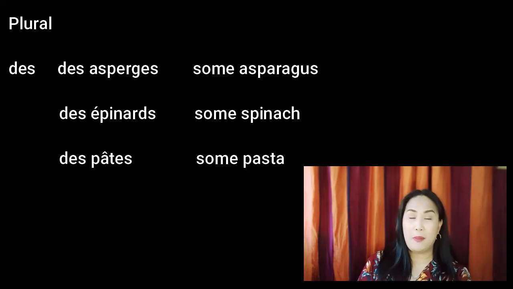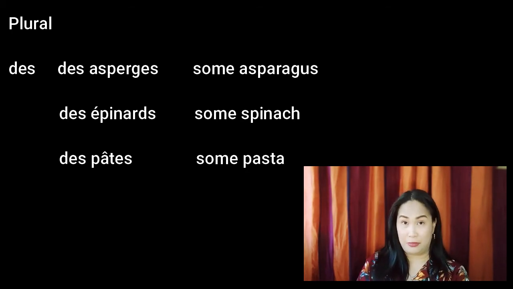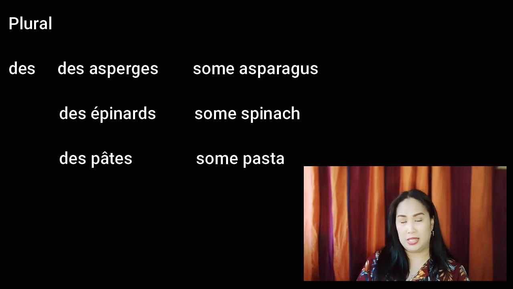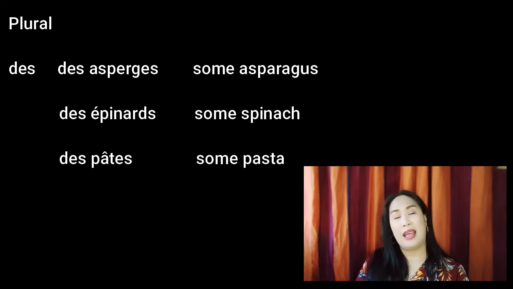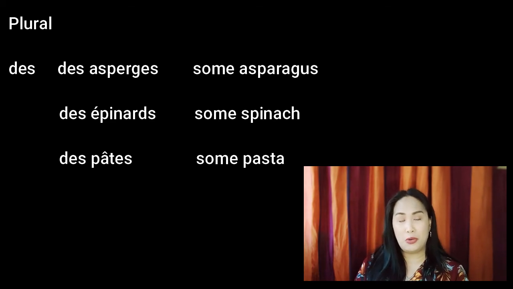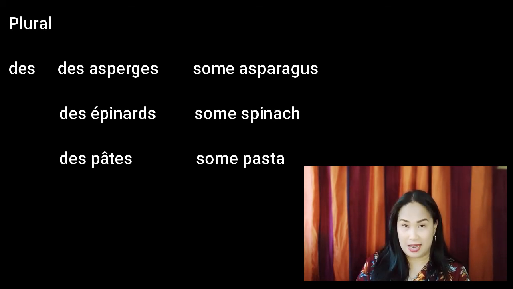Well, you have to remember that in French, we always consider the liaison of two different words. For example, des: the last letter is S, which means the S from the word des is a consonant, and the second word, which is A from asperges, is a vowel. So we have to read it as one.